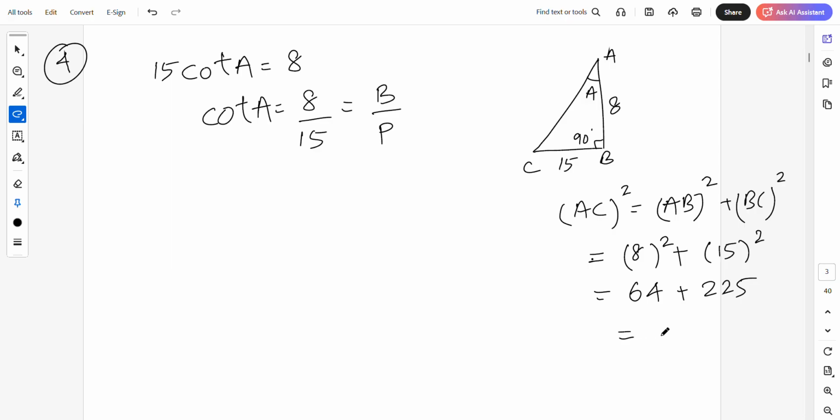That is equal to 289. AC whole square is 289. Therefore, AC is equal to how much? It is a perfect square, 289, that is equal to 17. This is 17.